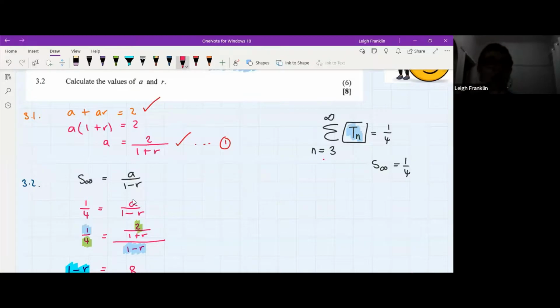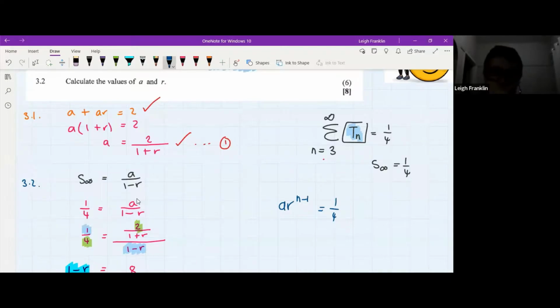You see, I thought myself, have I interpreted that incorrectly? Hang on a second. 8 minus 1 is 1 over 4. No, but then you've got n.